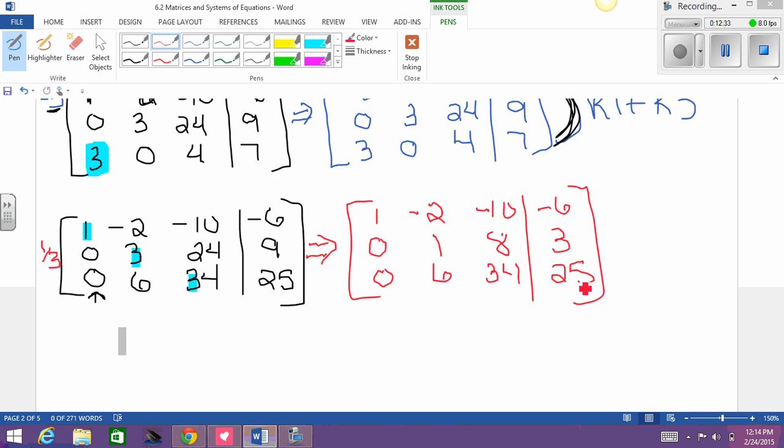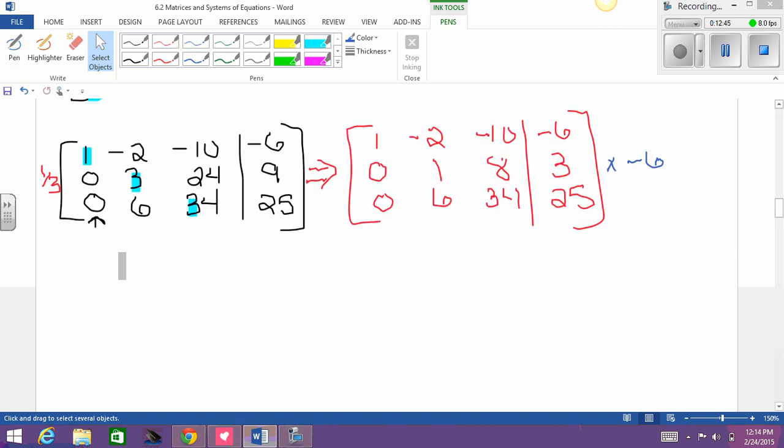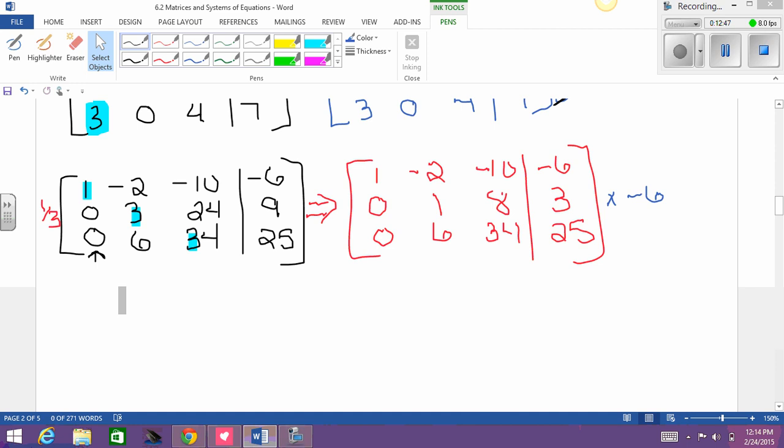What would we have to do to row 2 to get rid of that 6 in row 3? What about if I multiplied row 2 by a -6? Okay, so again, thinking about elimination. So, what this looks like now, okay, that first row doesn't change.